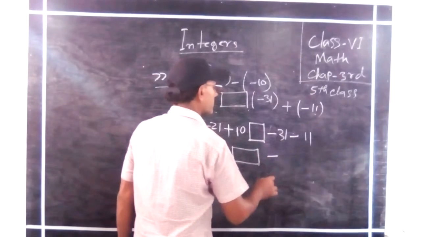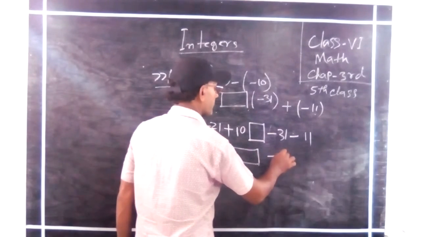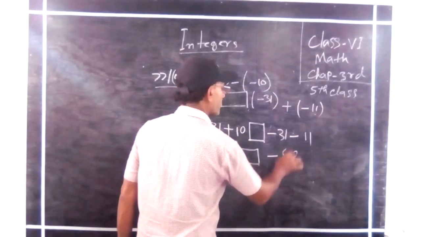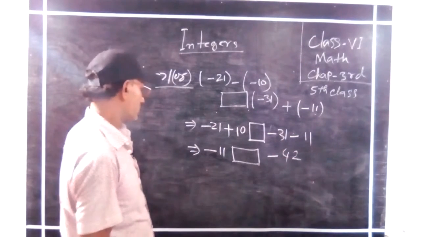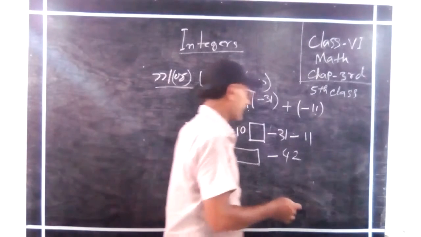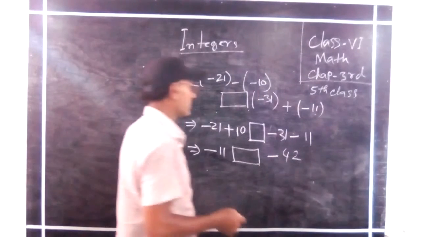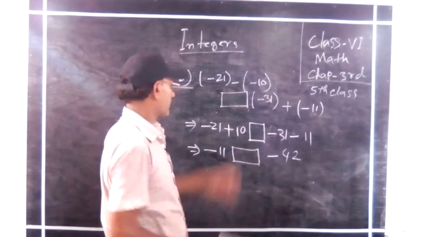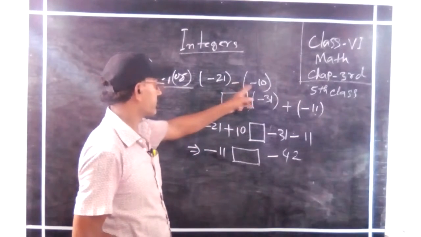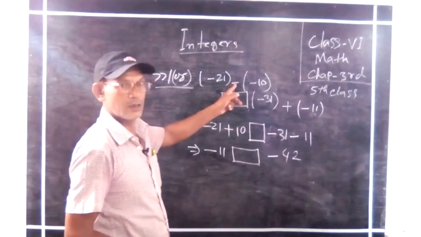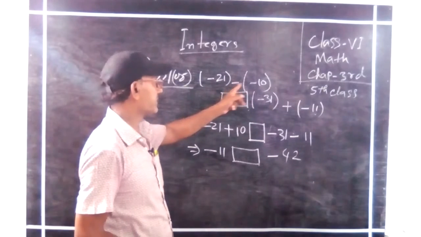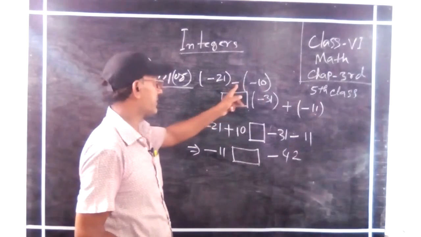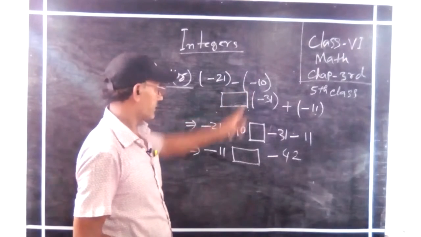Minus 31 minus 11, minus 42. We can write here, in this place, minus first bracket opening minus 10, that means minus plus 10.